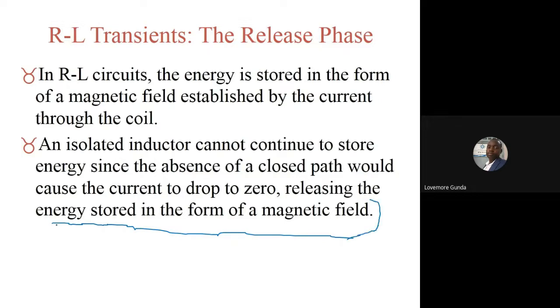A capacitor can store the energy for some time, but once you disconnect an inductor, the magnetic field will collapse and the current becomes equal to 0. Then the magnetic field will release the energy, right? So since an inductor stores energy in a magnetic field, it cannot store it when it is disconnected.